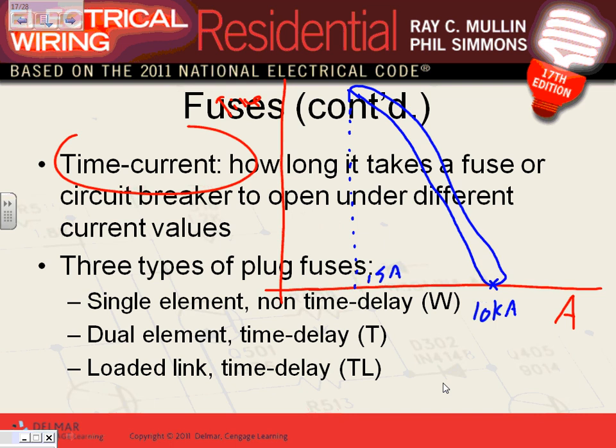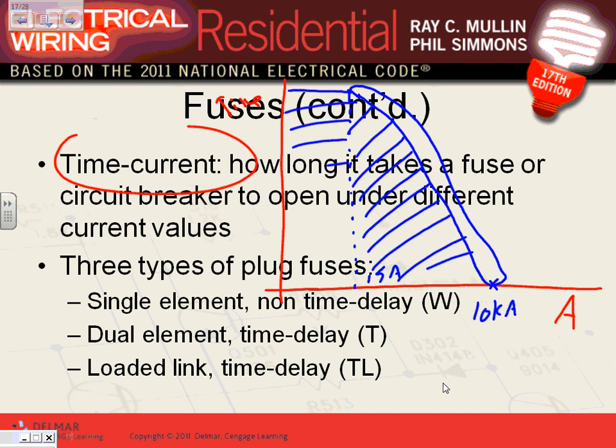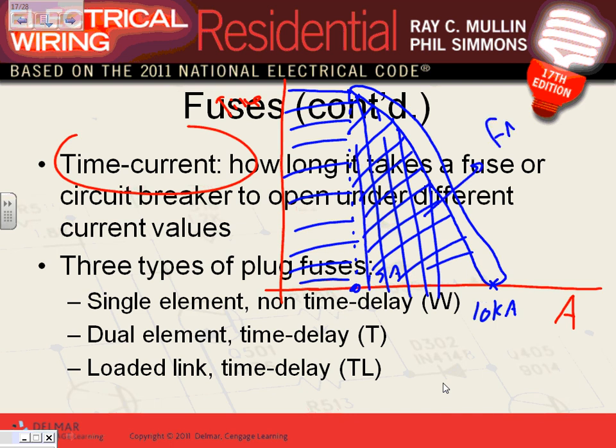So anything in this range is called protective. Anything in this range is protected. You're protected by the fuse. So I can carry up to 15 amp continuously. The difference here: this side is fault, and this side is load.